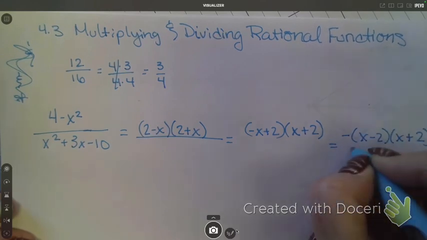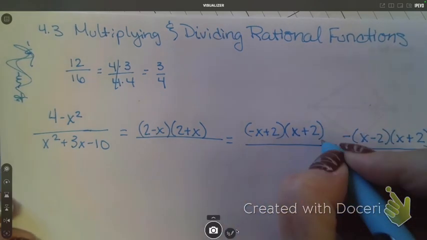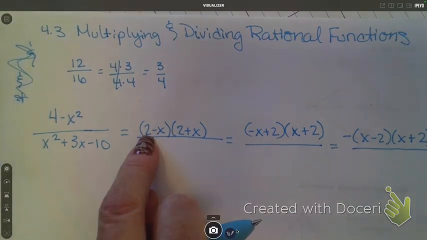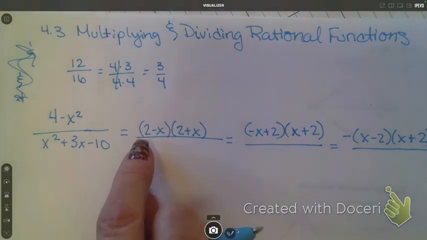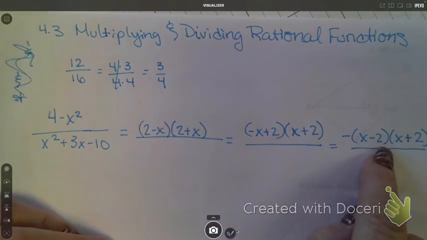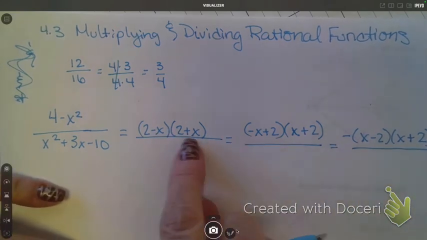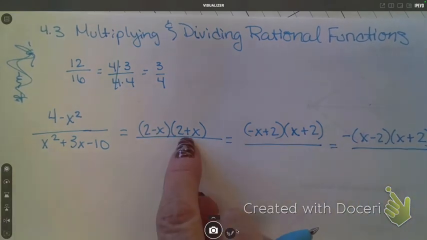Well, it's unneeded now, but it may not be. Because if I had 2 minus x in the numerator, but x minus 2 in the denominator, I'd want to flip them around and factor out the negative, correct? So there will be times you do need to do this. I don't know if we need to now or not, but I was just showing you. Can I always interchange the addition?